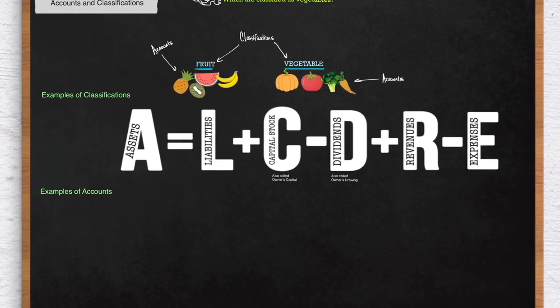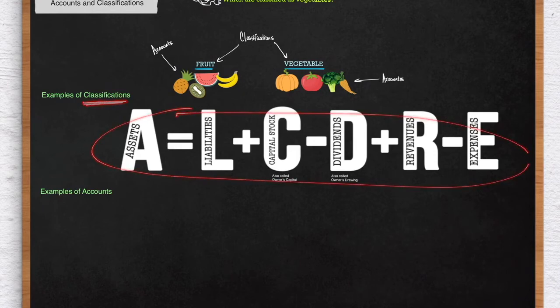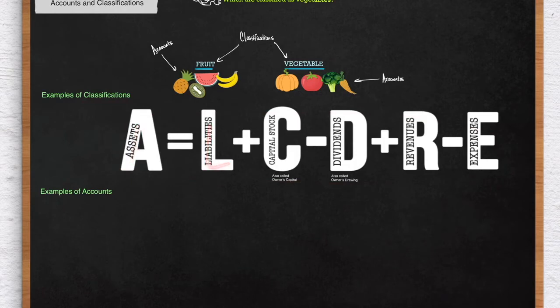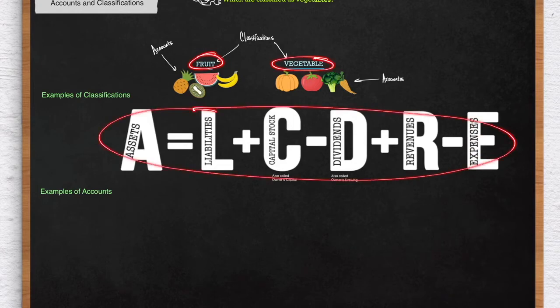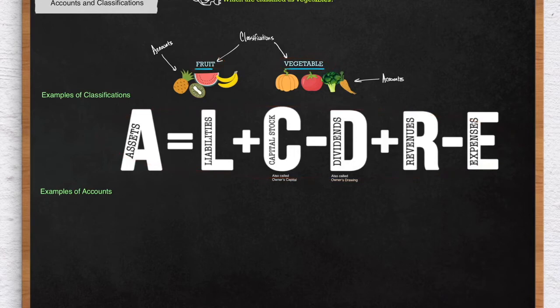What are examples of classifications? As I stated just moments ago, your classifications are assets, liabilities, capital stock or capital, dividends or drawing, revenues, and expenses. Up there, we only had 2 classifications in our example, but in accounting, we have 6 types of classifications. And we have examples of accounts. Those accounts are the fruits and vegetables we were talking about, just metaphorically speaking.